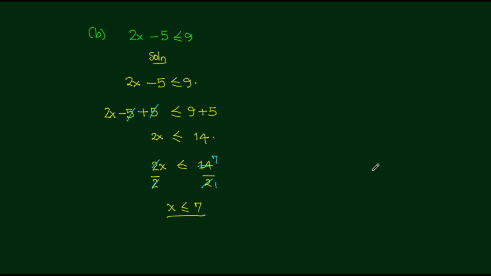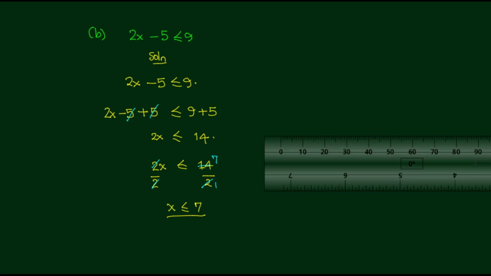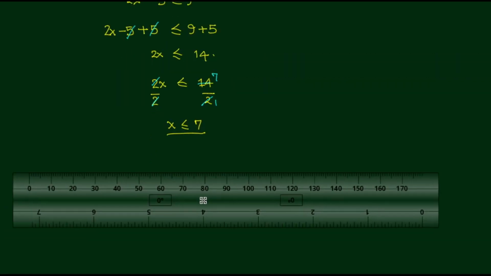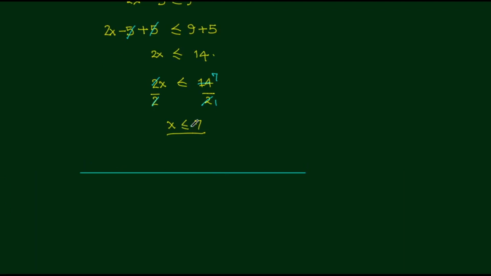Now it's time to represent our solution on the number line once more. So let's move on and draw a number line. Studying it carefully, we need to look at numbers that are less than 7. So assuming our 7 is somewhere here, what are those numbers that are less than 7? You can go to the left to find them.